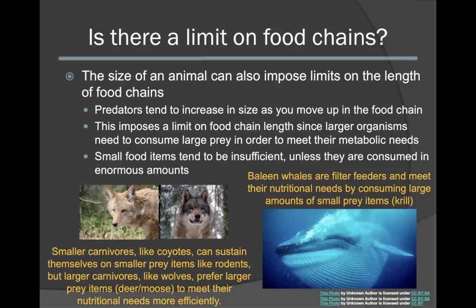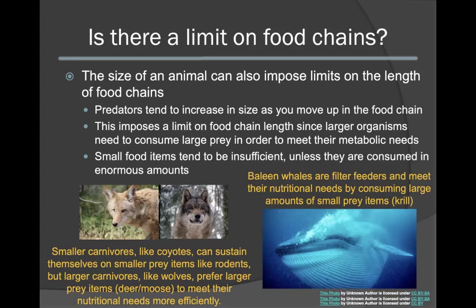For example, smaller carnivores like coyotes can easily sustain themselves by consuming smaller prey items like rodents as well as small mammals. However, larger carnivores like wolves prefer larger prey items, and they also hunt in packs to increase their hunting efficiency. This is because larger prey items will meet their nutritional needs more efficiently.